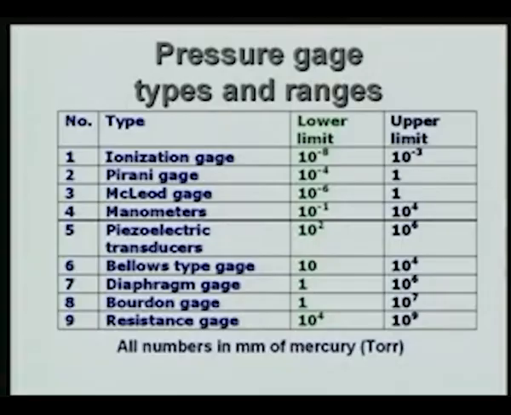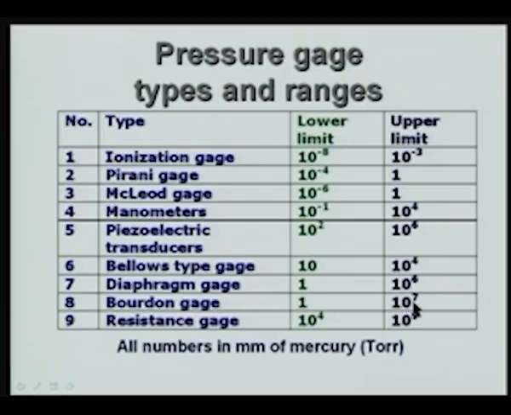Then we have the Bourdon gauge, which is very popular because it is very inexpensive, and it covers a very large range from a lower limit of 1 millimeter of mercury to about 10 to the power of 7 millimeters of mercury. We are now already talking at about very high pressures, 10 to the power of 7 millimeters.